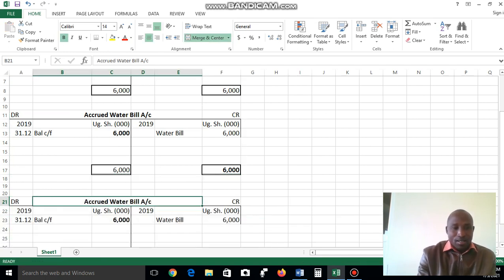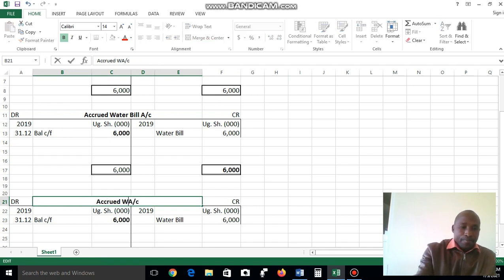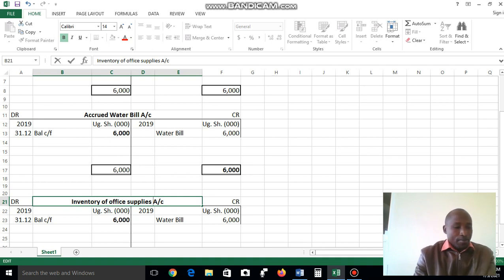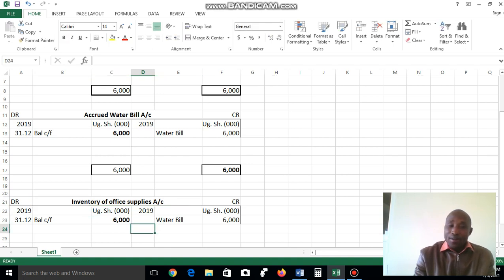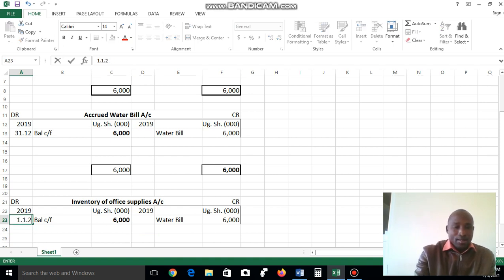So this account will be inventory of office supplies account. Now, being an asset, we shall say 1st January 2019, balance brought forward.